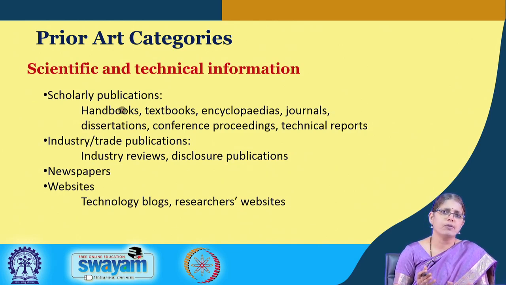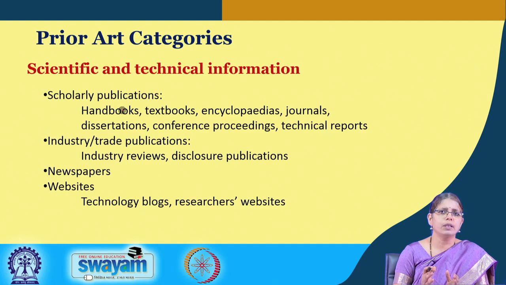There are also a lot of industry reports which are published, the trade publications or industry publications, newsletters, sometimes newspapers can be potentially another place for looking at the prior art, and websites.